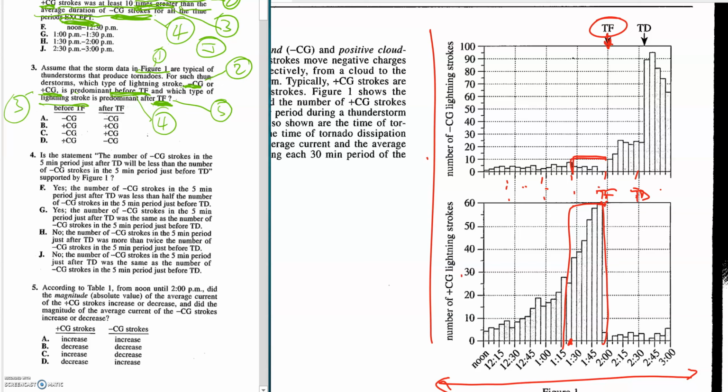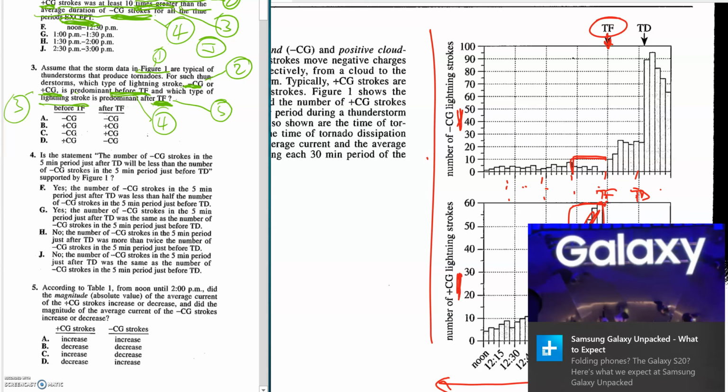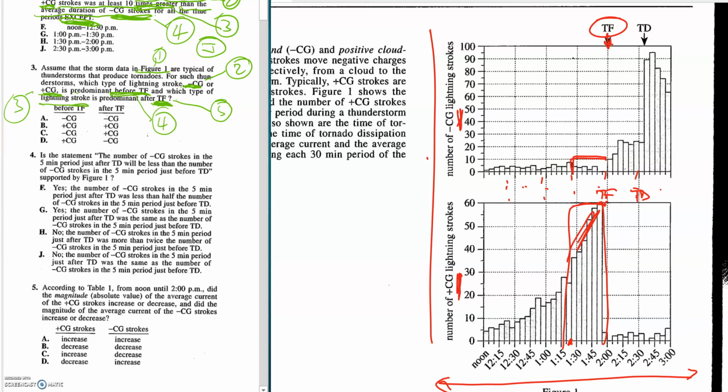So it's positive CG, right? This is positive CG, and look, it's huge. This is negative CG. So we'll need to find the answer that has positive CG. That would be B and D, so A and C are out. And then we're looking for which type of lightning stroke is predominant after TF. So this is kind of the time after TF.